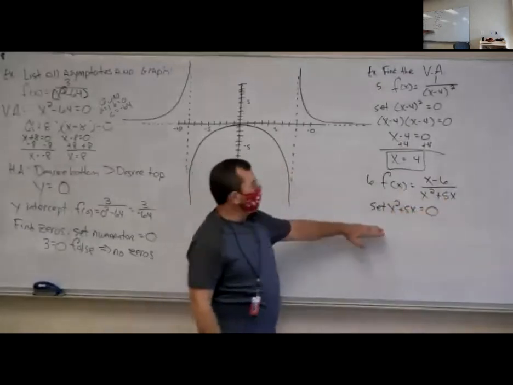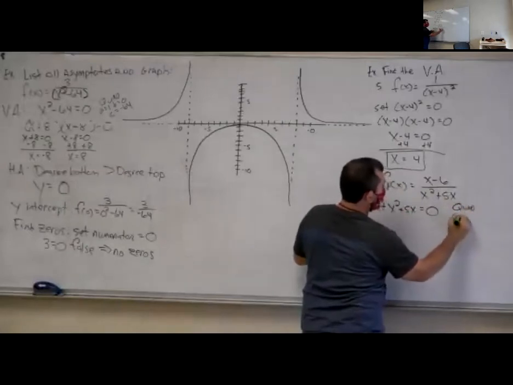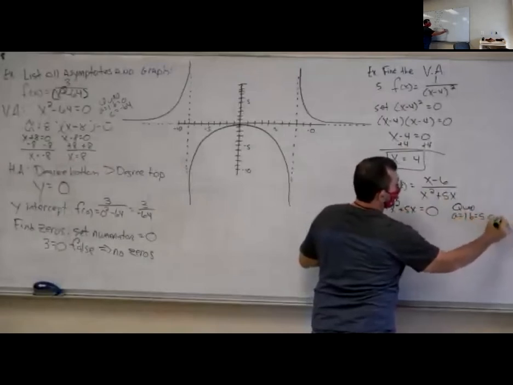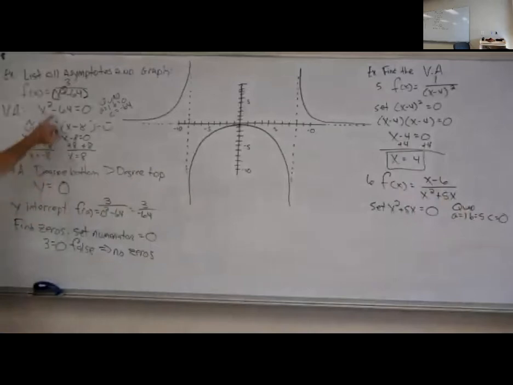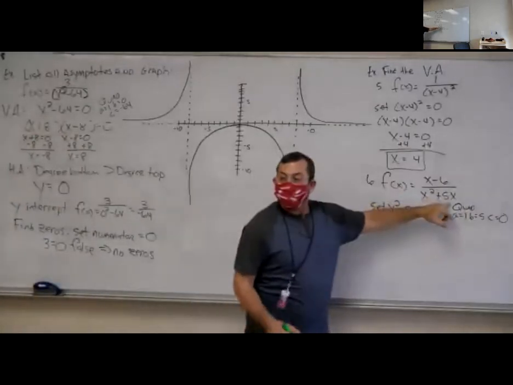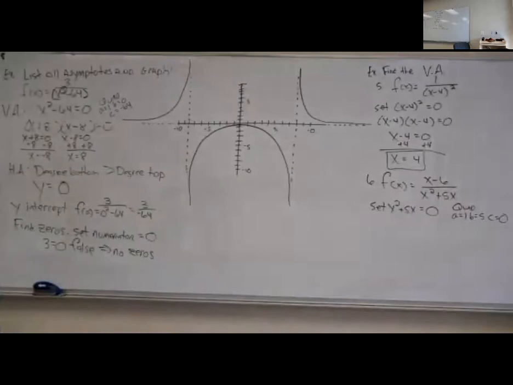At that point, if you want to use the quad on this, A is 1, B is 5, C is 0. Notice the difference. The last one didn't have an X term, so I made the B 0 on that one. This one has the X term, but it doesn't have the number at the end. So that's why the C is 0 on this one.